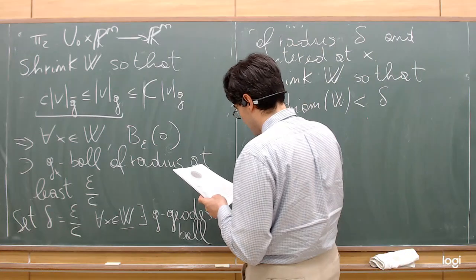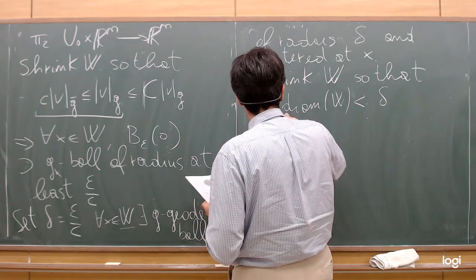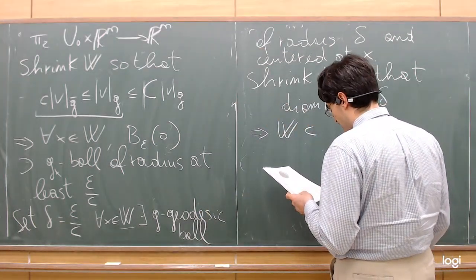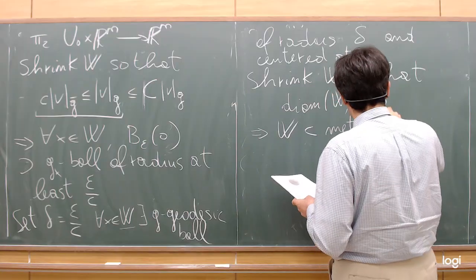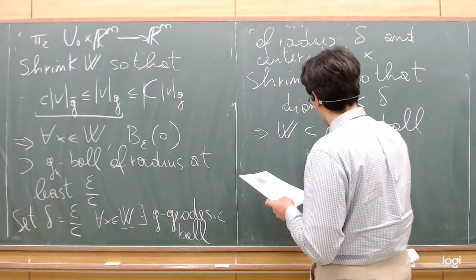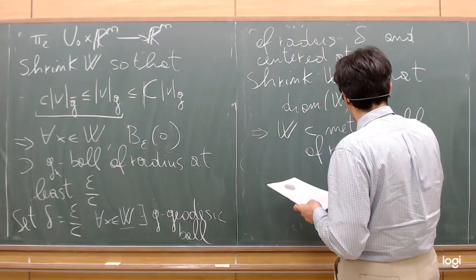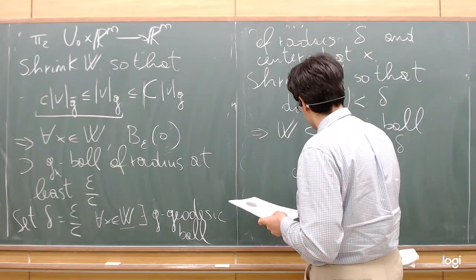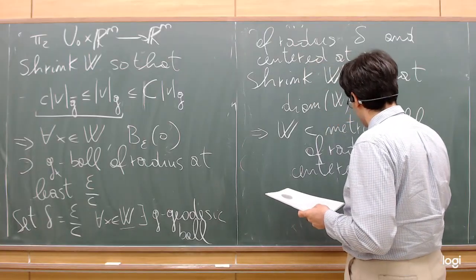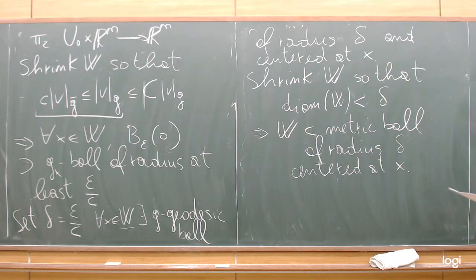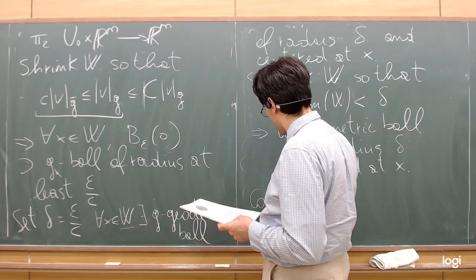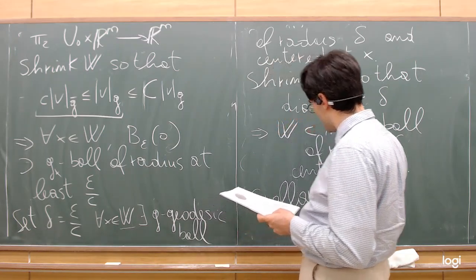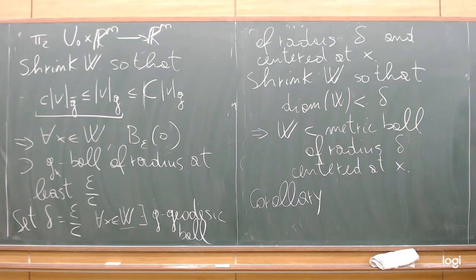So this says that W is contained in a metric ball of radius delta centered at x, and now we use a corollary which says that metric balls and geodesic balls coincide.